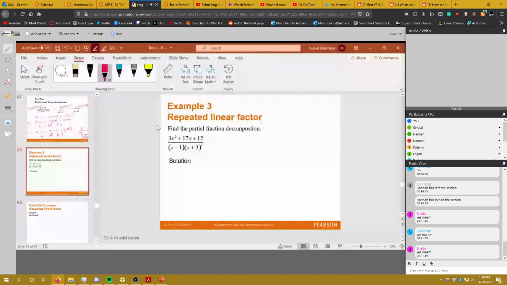So how we decompose this is we have a over x minus 1 plus b over x plus 3 plus c over x plus 3 squared. So we just have to add this extra term in because we have a binomial squared. So we have to list the individual factors plus the squared factors to get the decomposition.